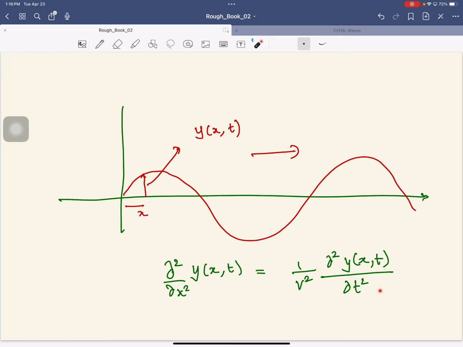So this is an equation. Whatever the dimensions of this, you've got to have the dimensions of that. There's y. Here's t squared. That's what the velocity is doing. Velocity times t is distance. So velocity squared times t squared. So dimensionally that's correct.